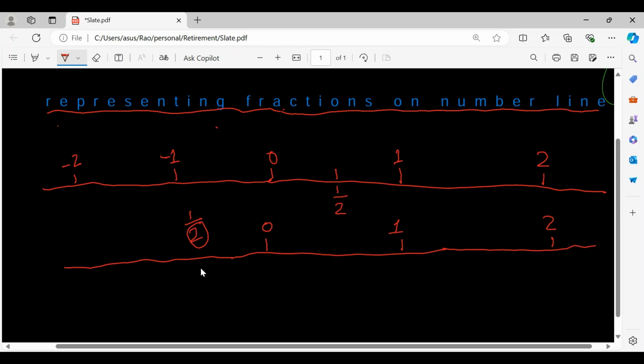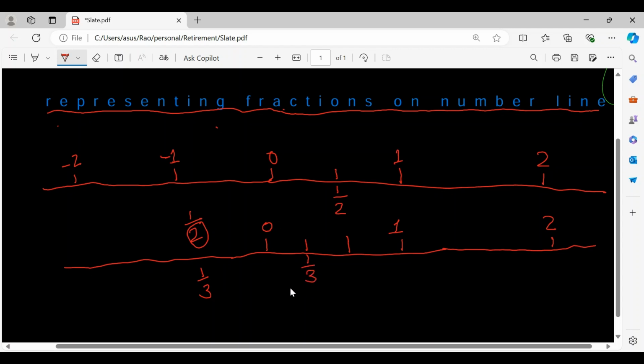So I am showing now 1 by 3 on the number line. 1 by 3 means 0 to 1 will be divided into three parts, 1, 2, 3. This has been divided, so this is the 1/3, 1 out of 3.